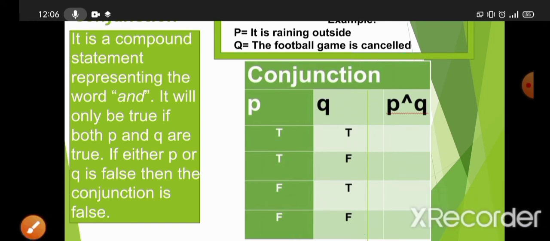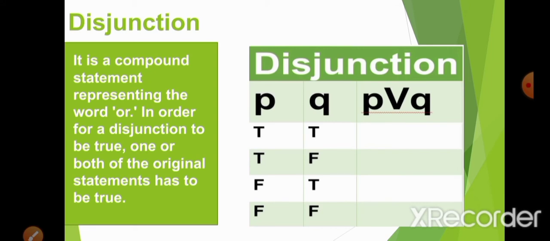Next, let us go to disjunction. Disjunction is a compound statement representing the word or. In order for a disjunction to be true, one or both of the original statements has to be true.